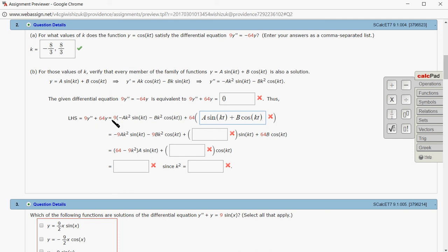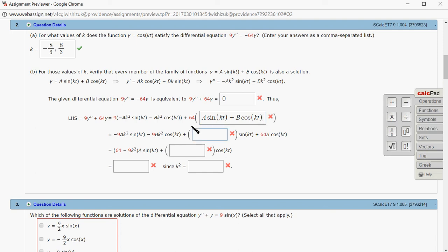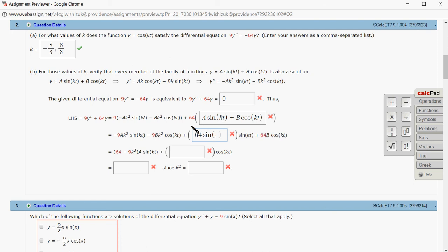Then distribute 9 to each term, so we get that, and distribute 64 to each term, so you have 64a sine of kt, and then 64 distributed to the second term, we get that. Then what they did was collect the terms with sine in it. So you have a 64 goes here, and negative 9k squared there, times a sine of kt.